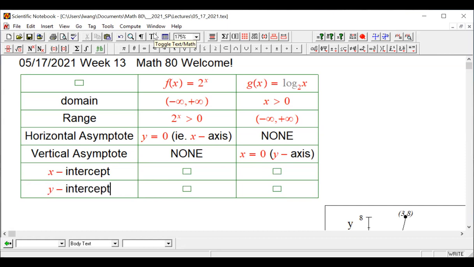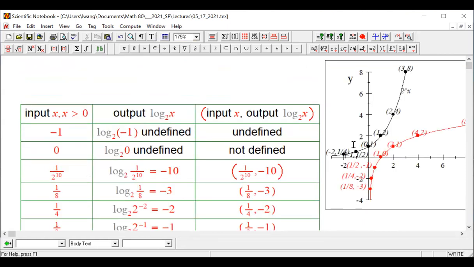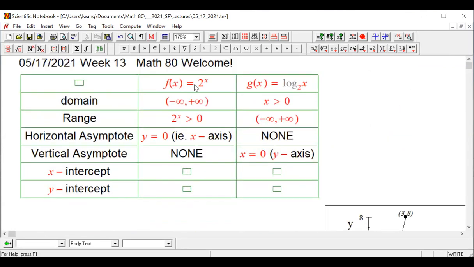Let's see what they are. The 2 to the power x is always above the x-axis, right? It never touches the x-axis. Therefore, it doesn't intersect with the x-axis. So x-intercept for 2 to the power x, there's none.